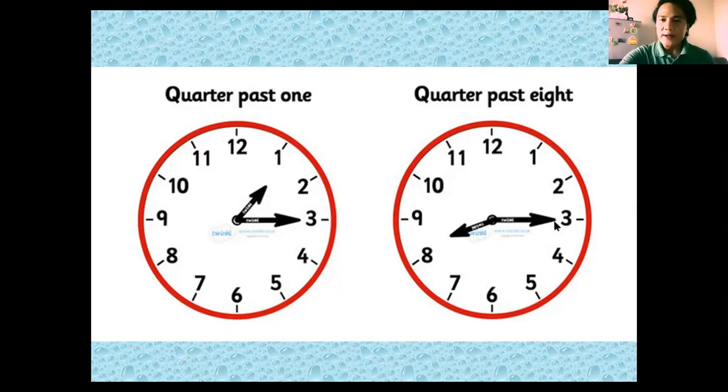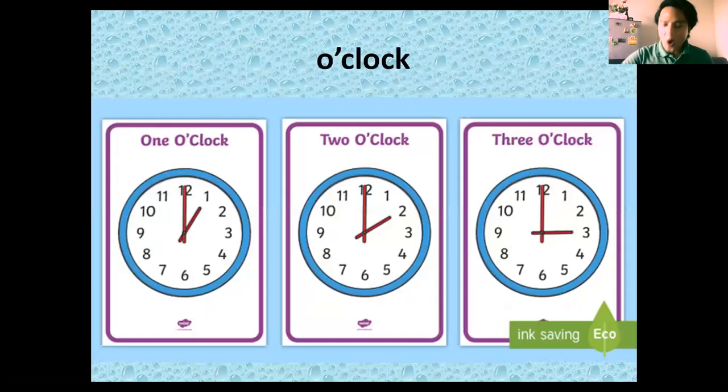For quarter past, you need to read the long hand first. In the o'clock, you need to read the short hand first, like 1 o'clock, 2 o'clock, 3 o'clock.